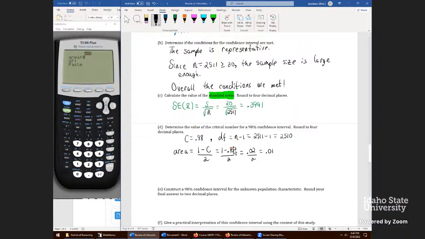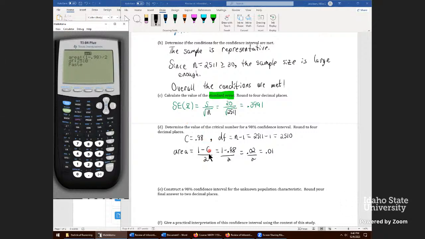And if you're not too worried about doing all that, you can just literally type into your calculator 1 minus level of confidence as a decimal, 0.98. Oh, but we have to type it in correctly. When we close that parenthesis, divide by 2, and you can put a whole entire computation right here for your area. Calculator doesn't care. So all that would give us what we want. Degrees of freedom is 2510, and that satisfies everything.